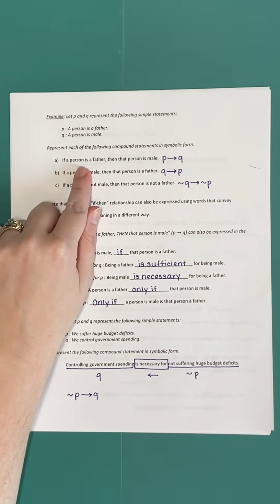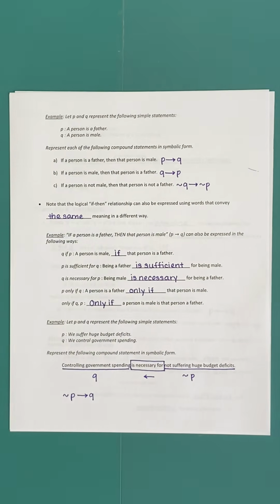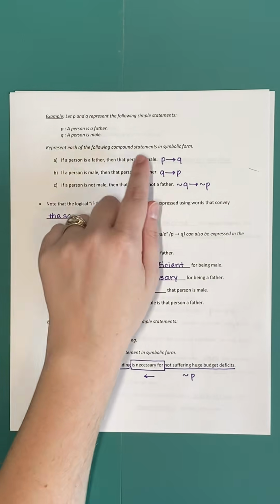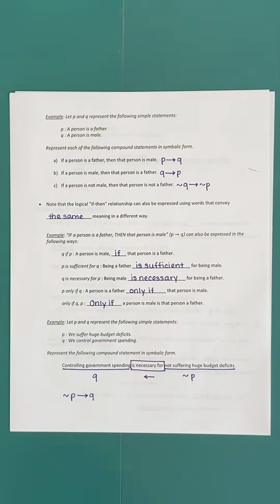If a person is a father, then that person has to be male. Well, aside from any gender issues, in general, we would say that statement is true. If it's the case that a person is a father, then it has to be the case that that person is a male. It's sufficient for a person to be a father to say that that person is male. It's necessary to be male to say that the person is a father. So that is a true statement.